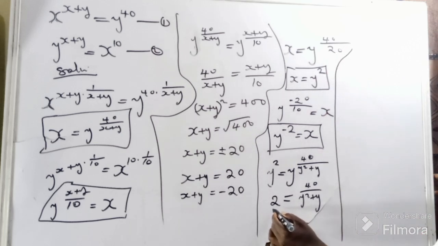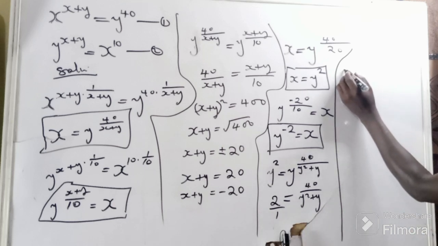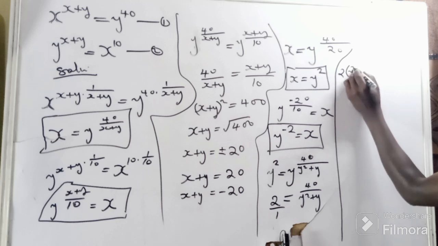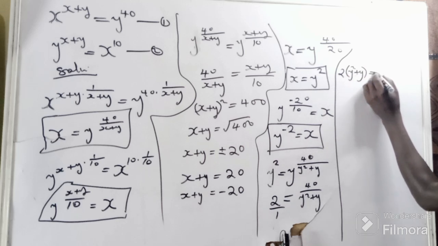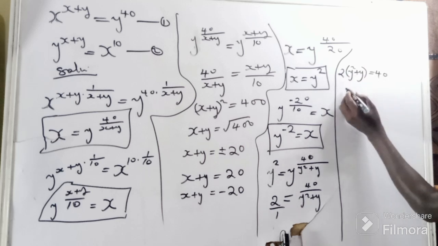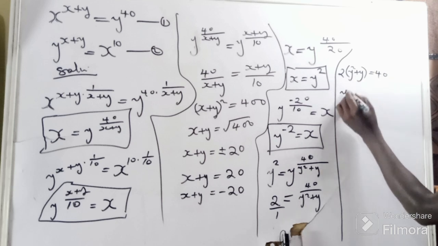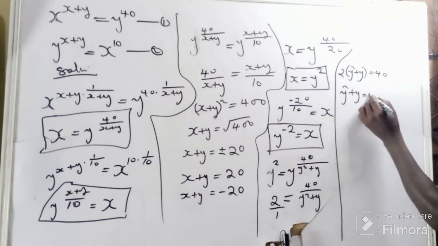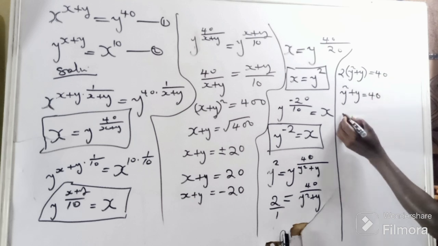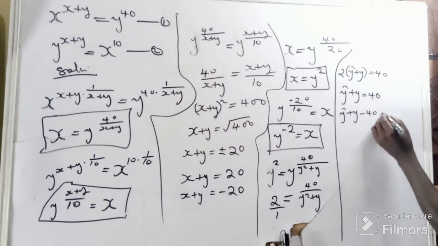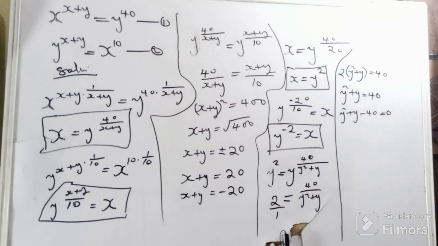This is divided by 1. So I am going to have 2 into y squared plus y is equal to 40. By dividing both sides by 2, I'm going to have y squared plus y is equal to 40. So y squared plus y minus 40 is equal to 0.